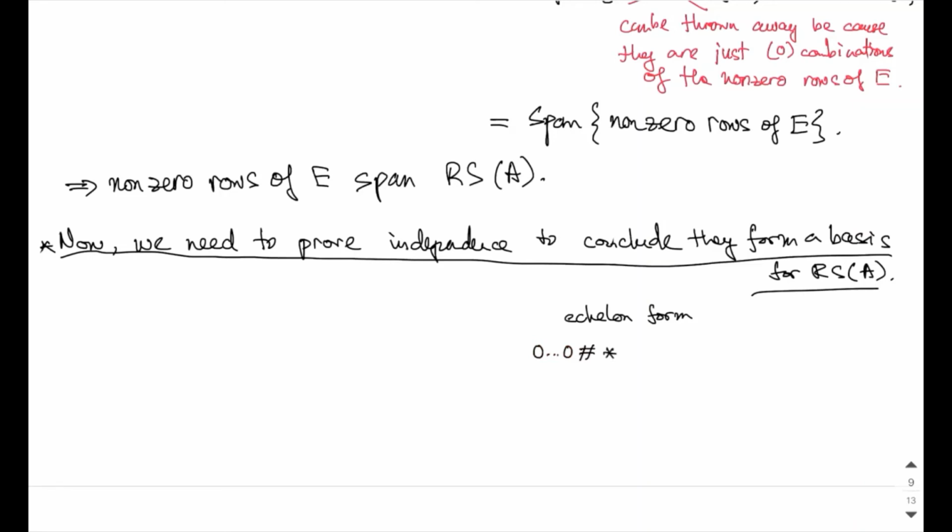Then you have a bunch of numbers that may be zero, maybe not. I use the stars. This is the common practice in linear algebra. And then you search for the next row. Of course, underneath the first non-zero entry, you have to get zero. Otherwise, you cannot say it's echelon. And then you may have a bunch of zeros here until you find the next non-zero entry on the second row.